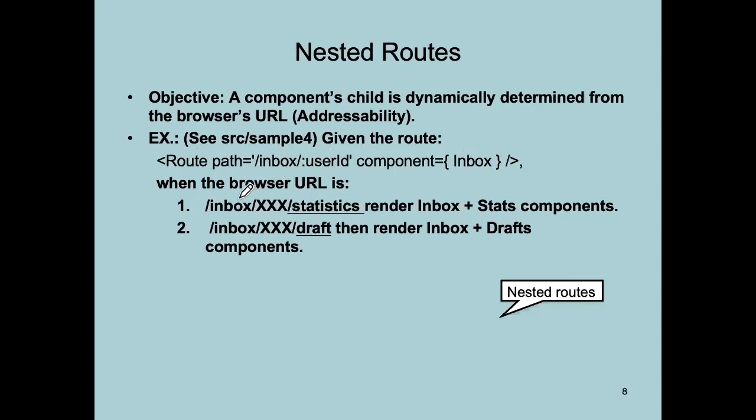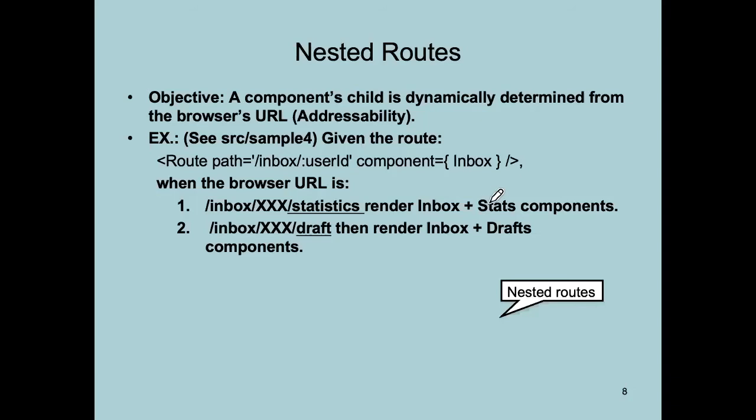But in addition, suppose the URL in the browser changes to this. The beginning of it is the same as up here, but I've got an extra little bit at the end, /statistics. When the URL has all of that in it, then I want the inbox component to be mounted, and I want another component, which I'm calling my stats component, to be mounted as well.